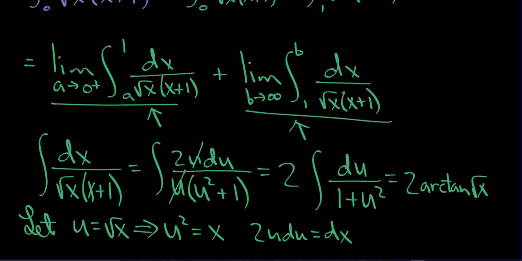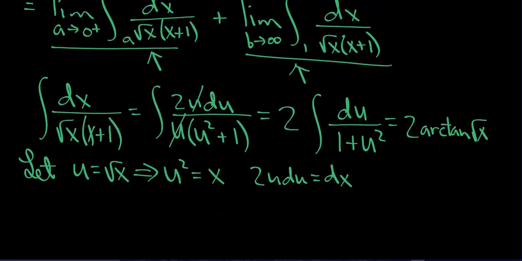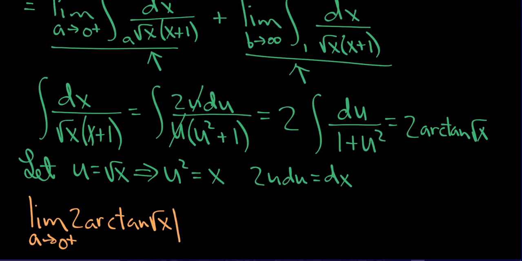Well, now what I've got to do is go back and work each one of these problems. I've got to address each integral with that antiderivative. Let me rewrite this first one. What I've got is the limit as a goes to 0 from the right of 2 arctan square root of x, going from a to 1.